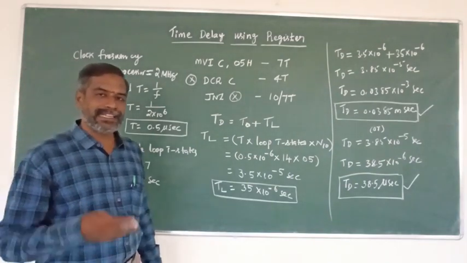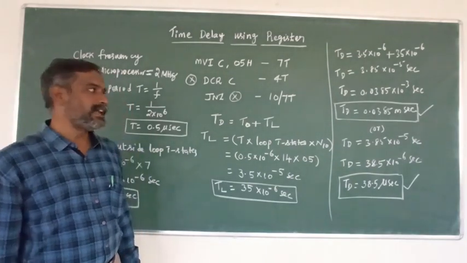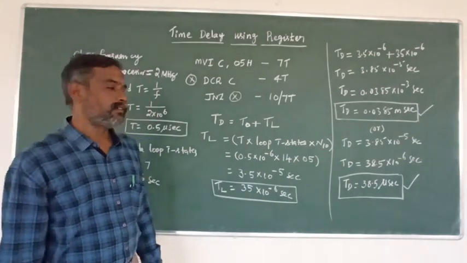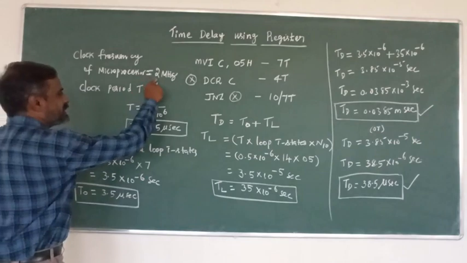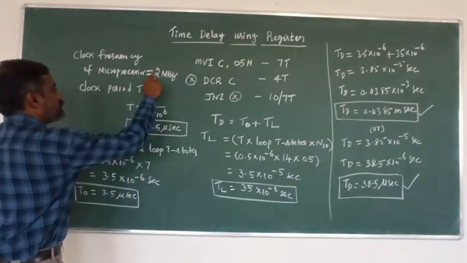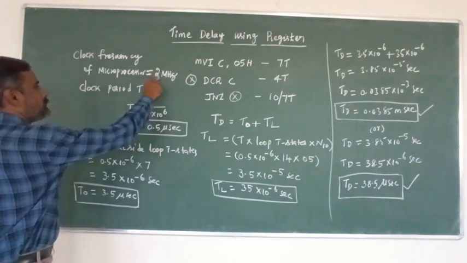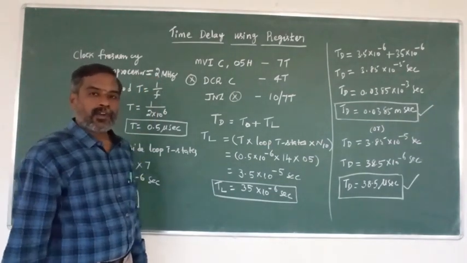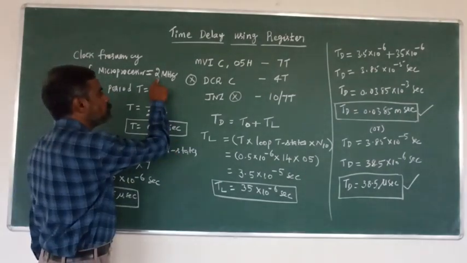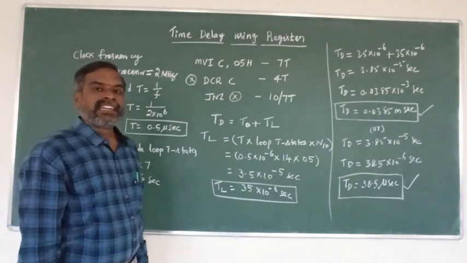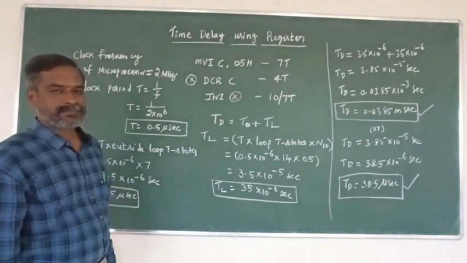Okay, suppose this time delay is not sufficient. Now to increase the time delay, there are two ways. Number one, we can increase the clock frequency of the microprocessor from 2 megahertz to 3 megahertz.